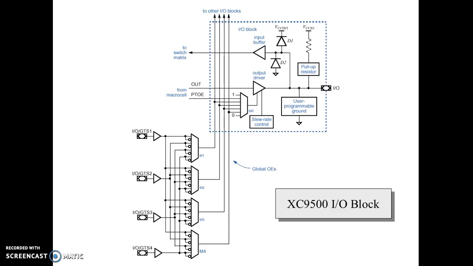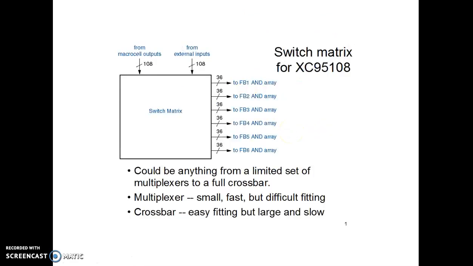Pull-up resistors are used to protect the device when an input-output pin is in floating condition. Switch matrix. The switch matrix connects signals to function block inputs.